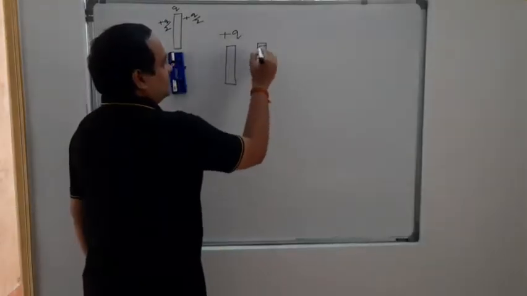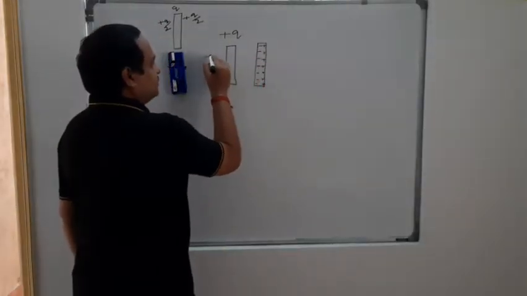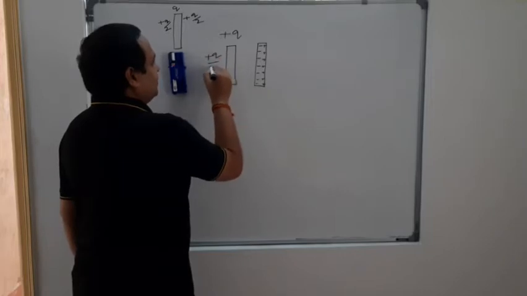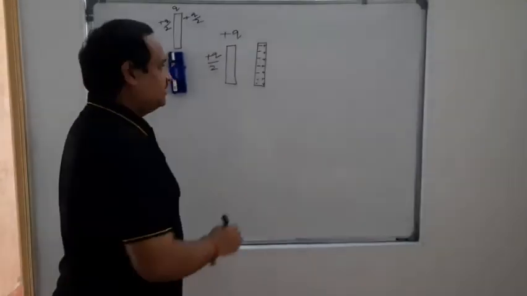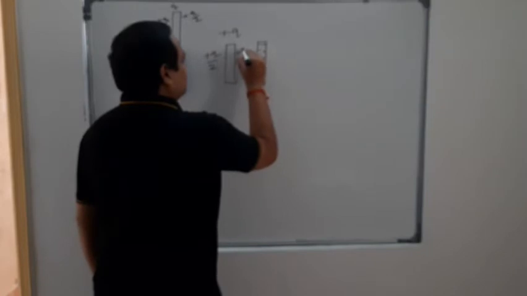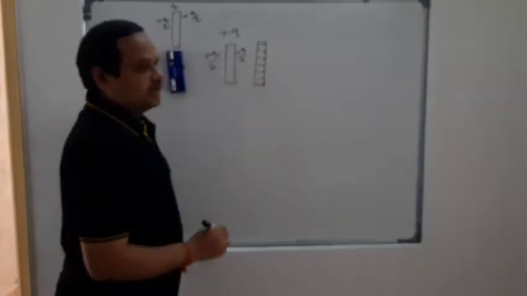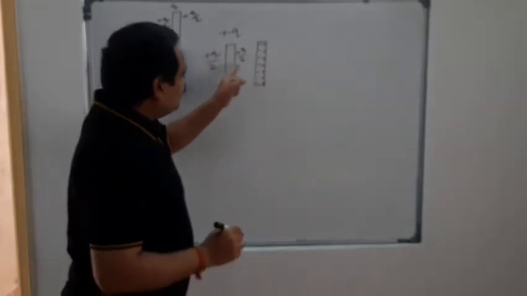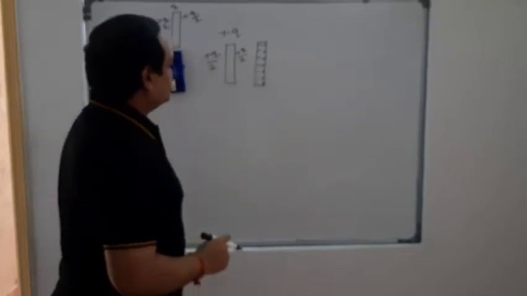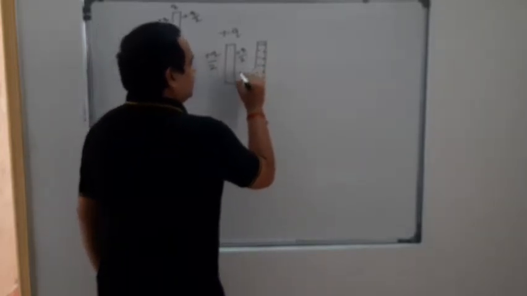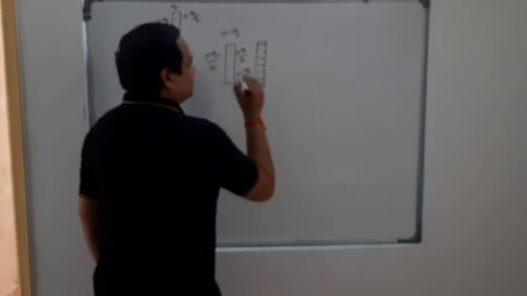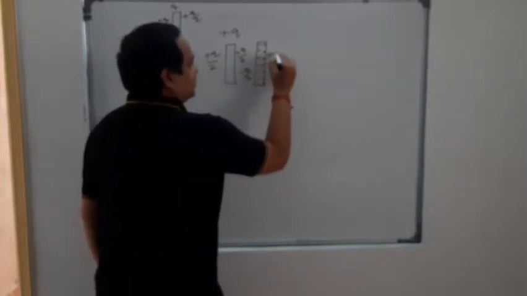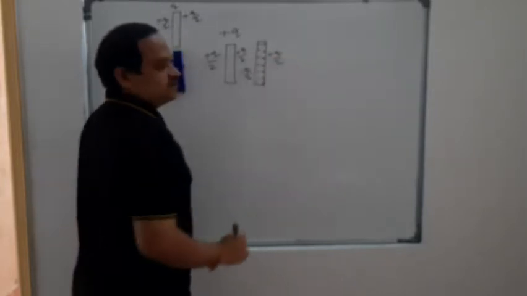Now the total charge distribution we are going to write. The charge will be plus Q by 2 on this side, and on this side it will be plus Q by 2. And this plus Q by 2 induces the opposite charge on the opposite plate, that is minus Q by 2, and this becomes plus Q by 2.